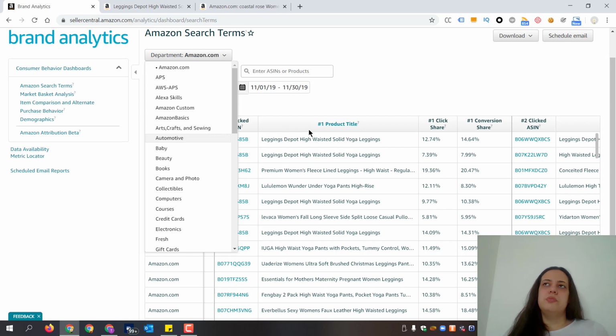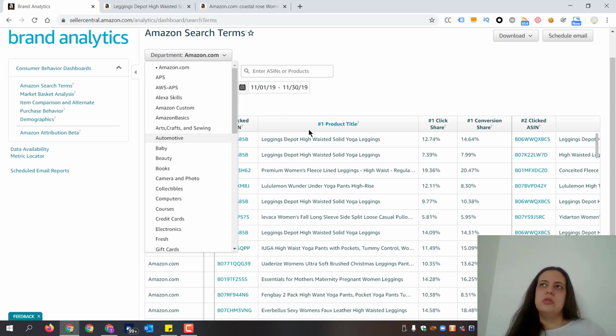For some niche products like, I don't know, maybe pet products or something that has to do with a certain audience, then this tends to be lower in volume but higher in quality. So I would look at it through the Amazon.com domain, all departments in general.